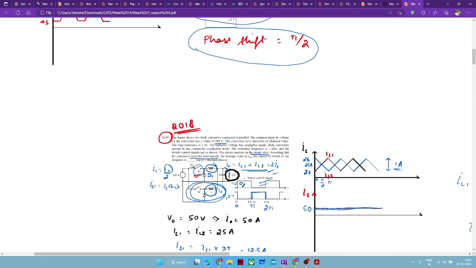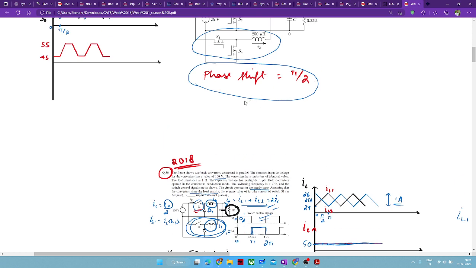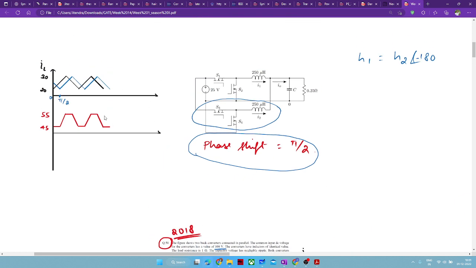In case of 180 degrees, our ripple was zero, but in case of pi by 2, something else is happening, and why is that? I even gave some hint that this signal would look like that, whatever it is here. Okay, so I don't think anyone tried that. No worry.